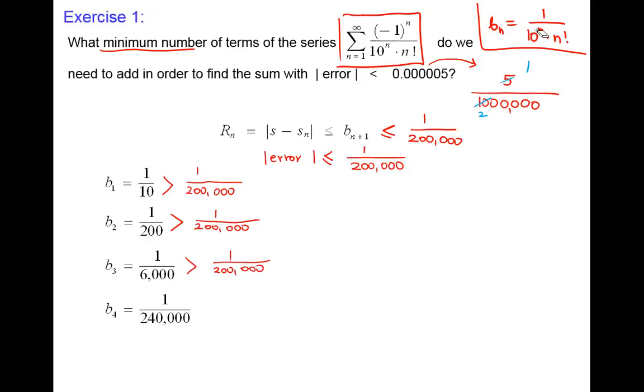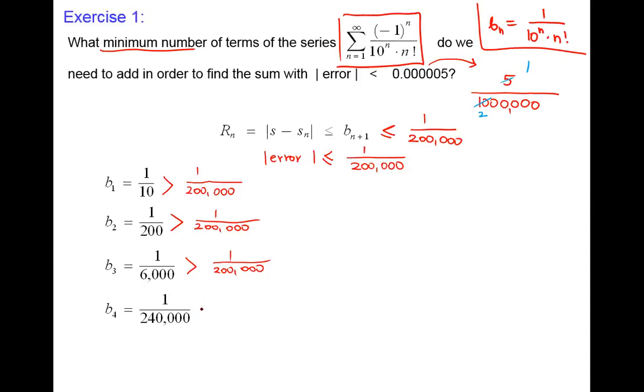Let's check b sub 4. 10 to the power of 4 is 10,000, and 4 factorial is 24. That means 24 and 4 zeros, which is 1 over 240,000, and 240,000 is definitely more than 200,000.